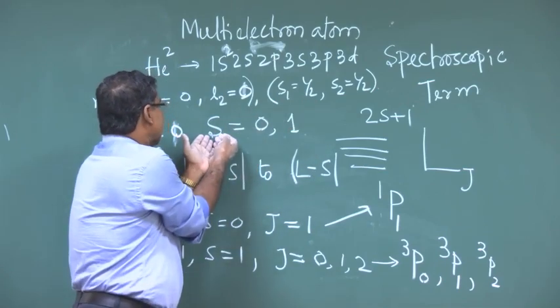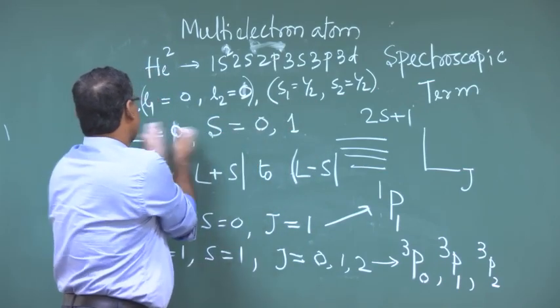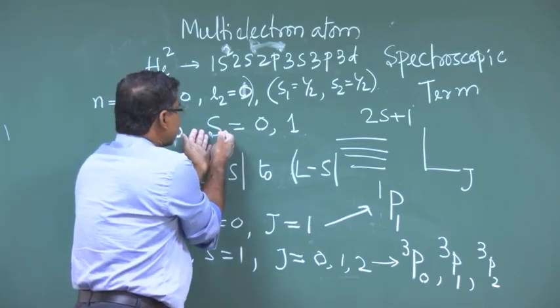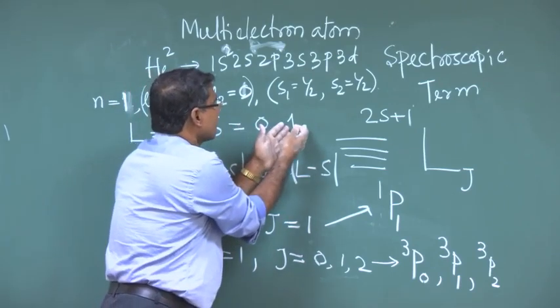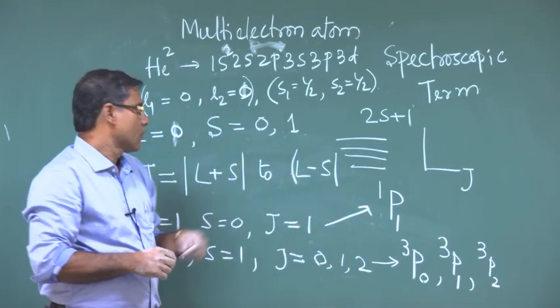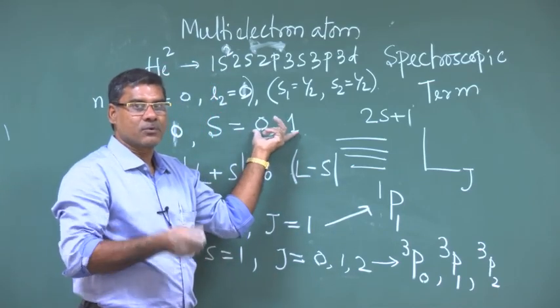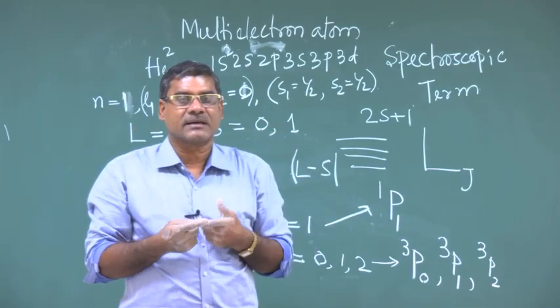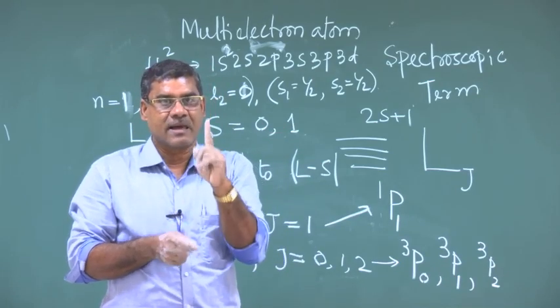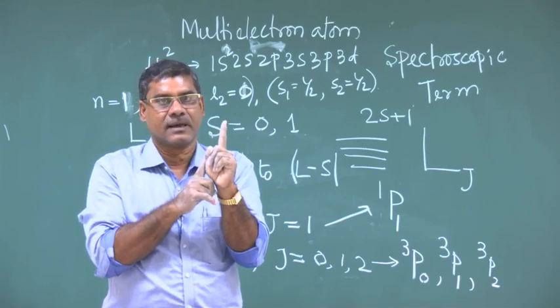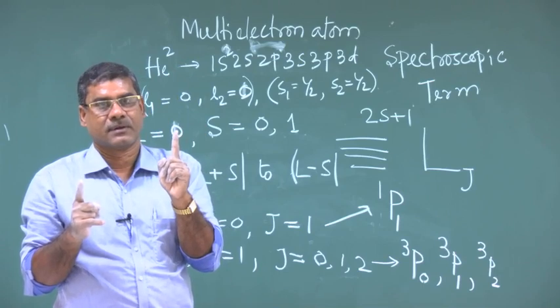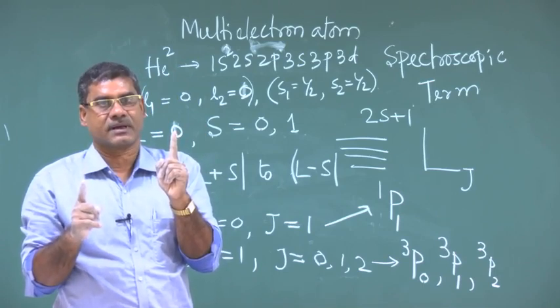Here it is telling the resultant value. So, total L equal to 0, that is fine. Now, total S can be 0 or 1. So, here I have to consider which MS are allowed. If MS1 is plus half, MS2 cannot be plus half, it has to be minus half.